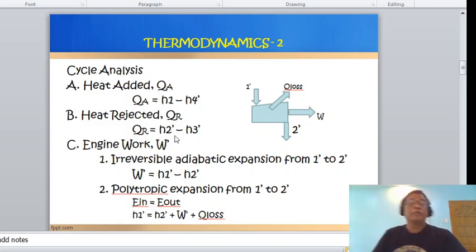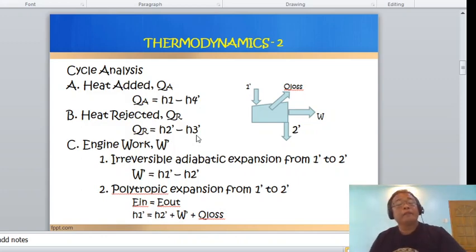Since the expansion is no longer isentropic, if you look at the TS diagram, the curve from 1 to 2 is no longer a straight downward line. And for h sub 3, the enthalpy of the liquid is not based on the pressure at the condenser.